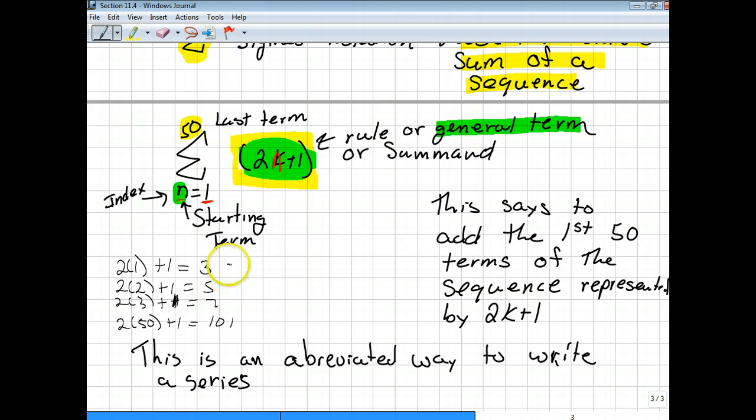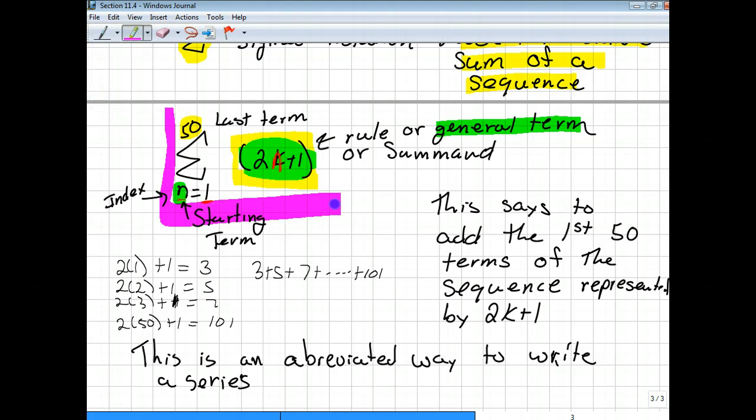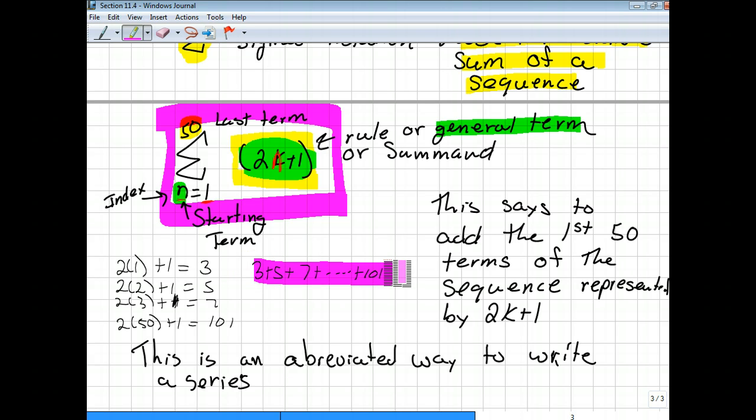Okay? And so I would take those and add those all up. So 3 plus 5 plus 7 plus ... plus 101 says the same thing as all of this. This and this say exactly the same thing.